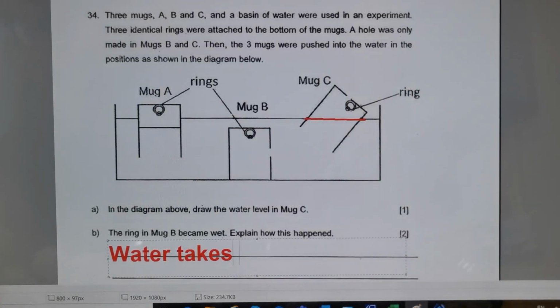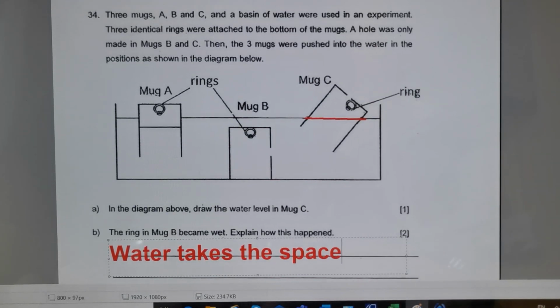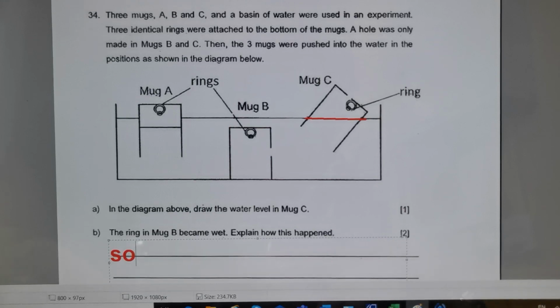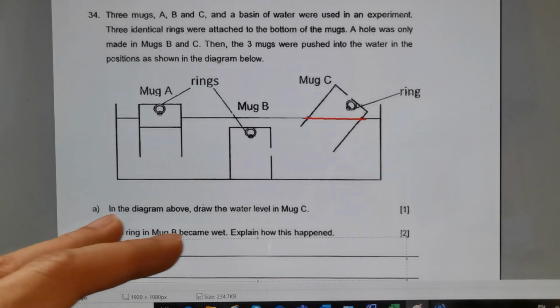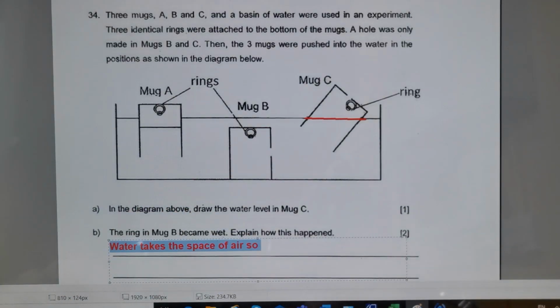takes the space of air. So, hold on, let me just do something about this. Let's make the font a little smaller. Didn't expect it to be so huge. Okay, so water takes the space of air.